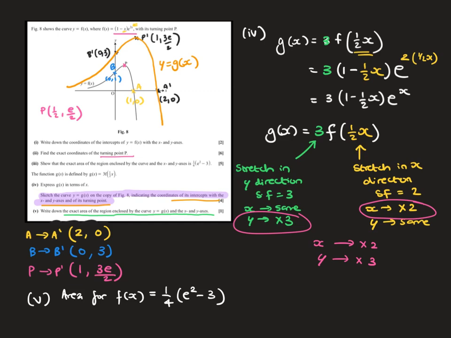Now, the x-coordinates have been multiplied by a scale factor of 2 and the y-coordinates have been multiplied by a scale factor of 3, which means that if we're thinking about area, the area will have been affected by the squares of these length scale factors. So we're going to have to multiply by 2 squared and by 3 squared to get the overall area scale factor. So this then gives us an area of 9 e squared minus 3 for the area of g of x.